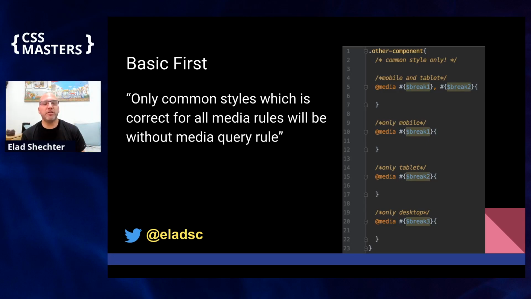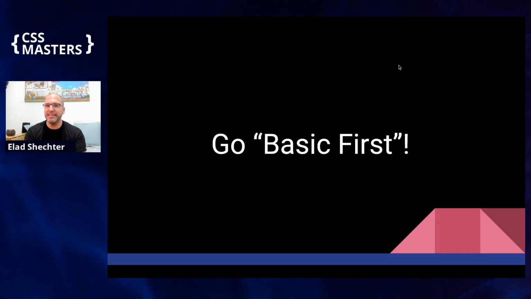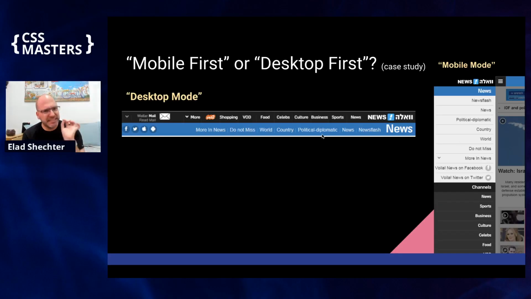The basic first methodology says that only and only if you have the same style for all the screen sizes, you will write them without any media rule in here. But in this specific example, in this specific component, there isn't a connection between the designs. The designs are so different that I don't want to create a connection between those styles.